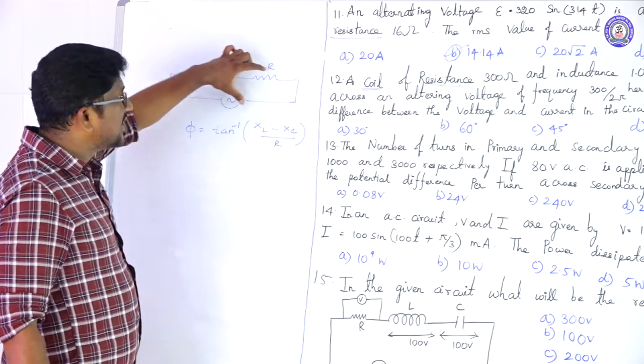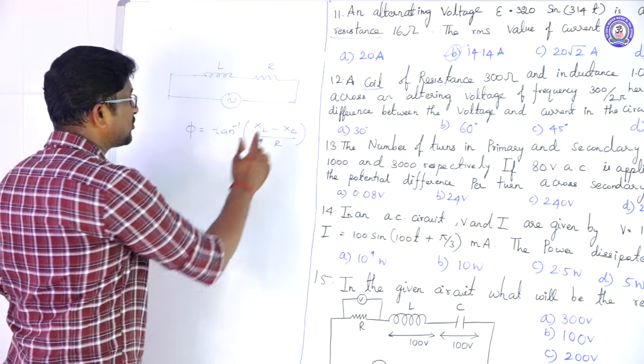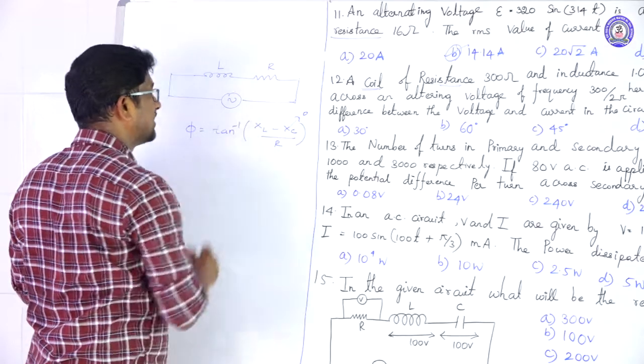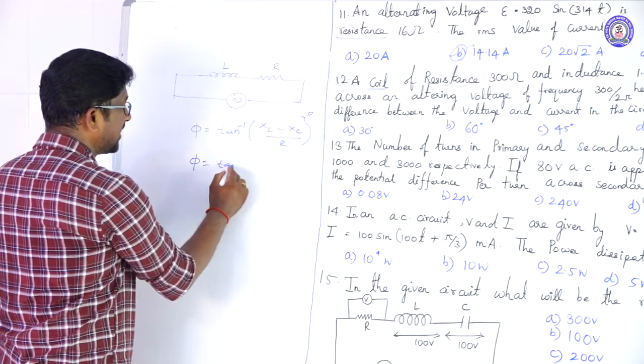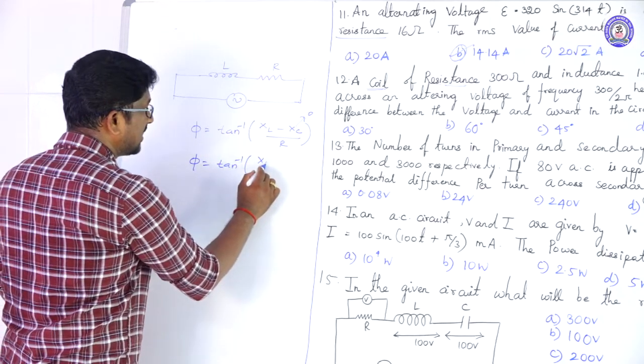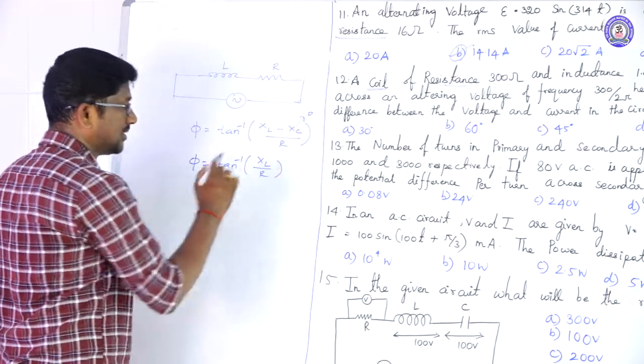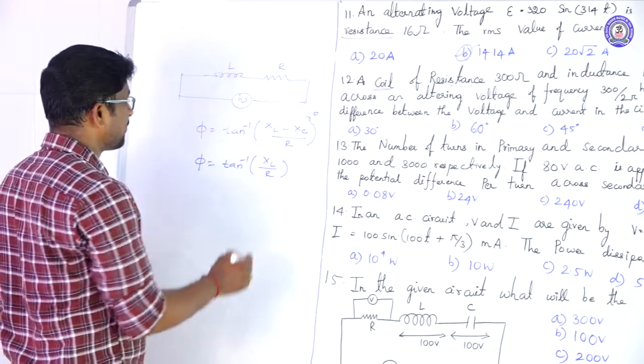But in this circuit, there is no capacitor. So capacitive reactance is taken as 0. Then this equation becomes phi is equal to tan inverse of XL divided by R. Right.